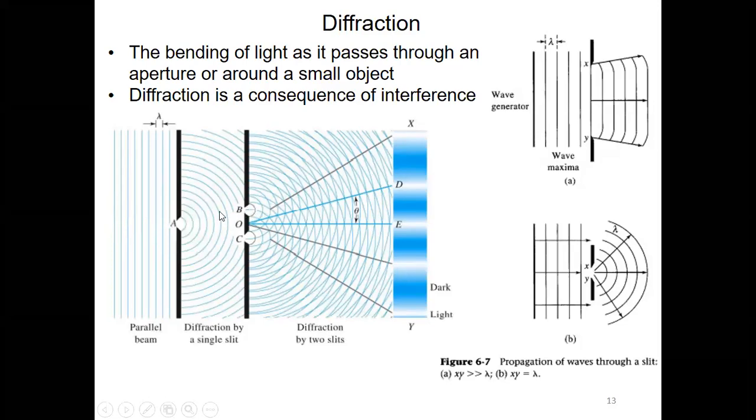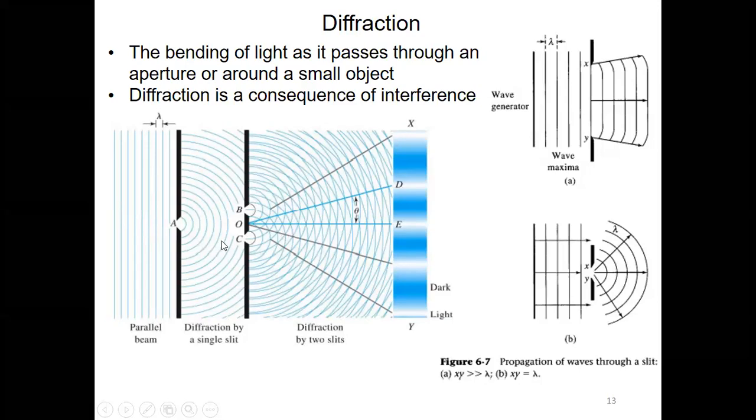And when this wave passes through the holes B and C, now there are two slits. What is happening? The light which passes from hole B also will diffract like this. You can see, right?